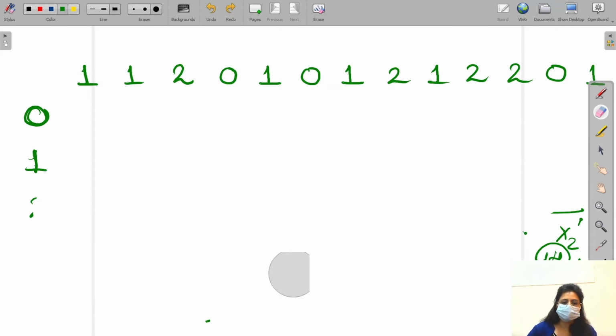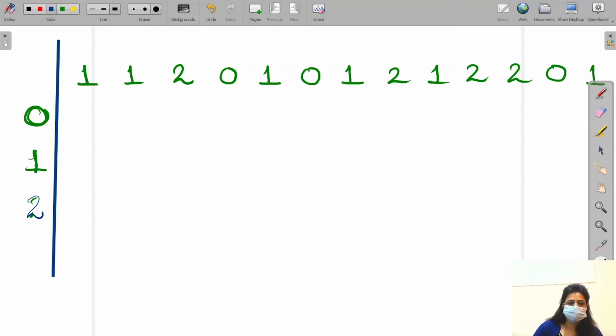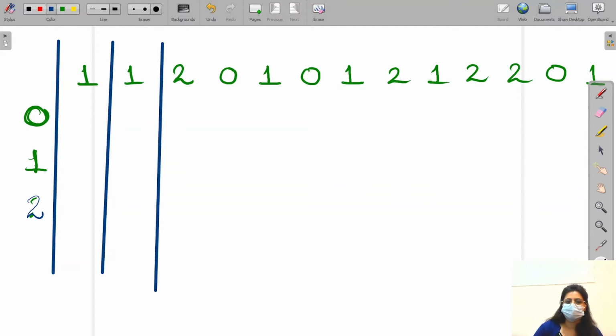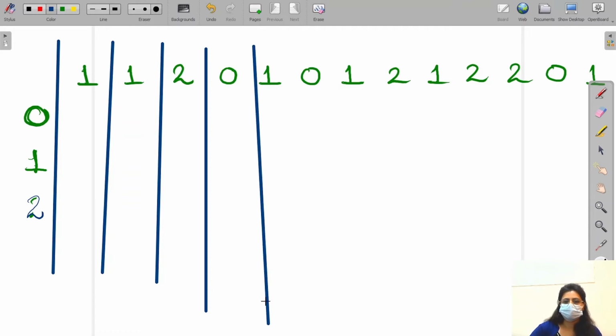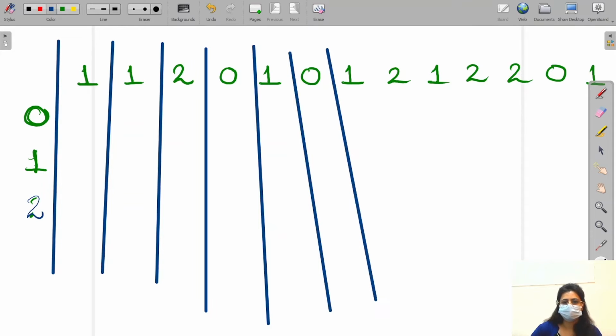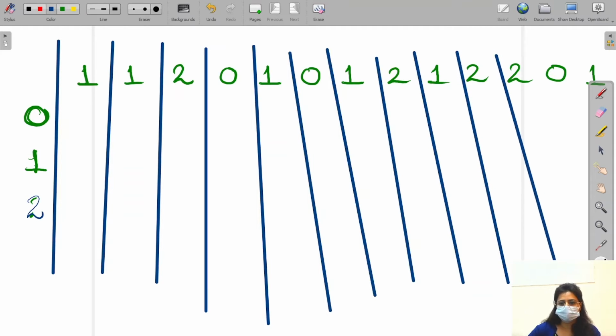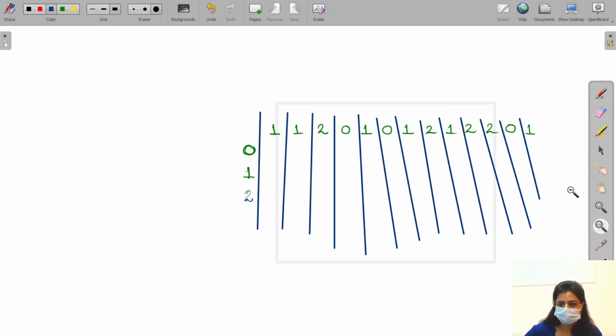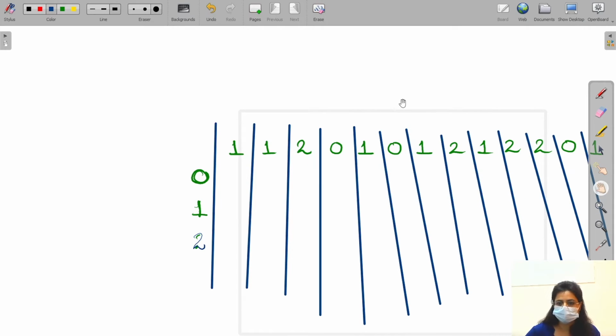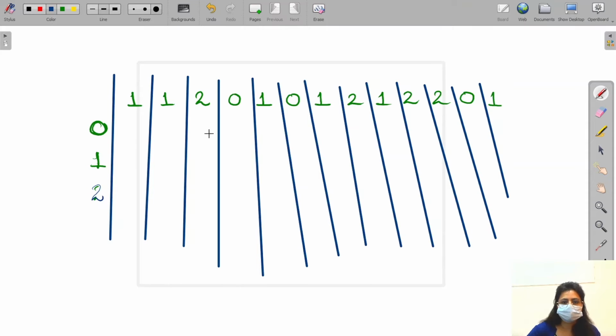First of all, it was clear that we have to find the count of zeros, ones, and twos. So what will be our key?